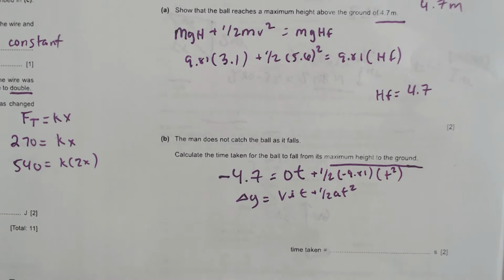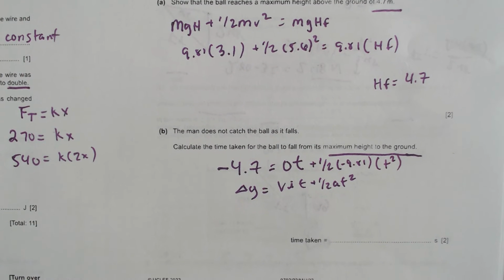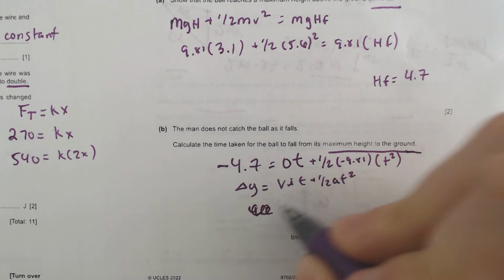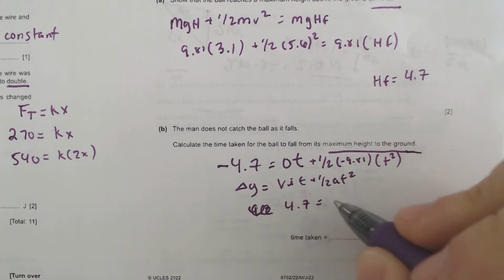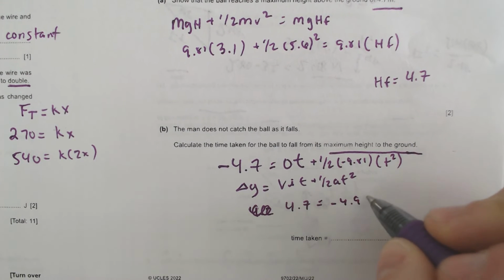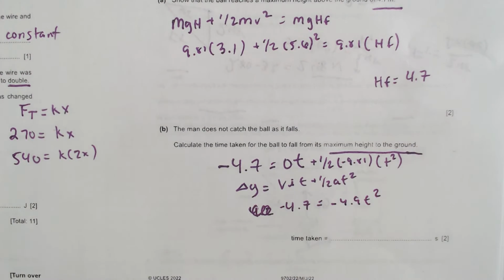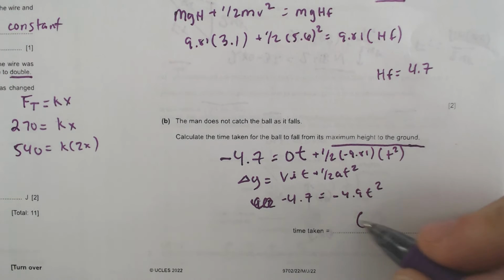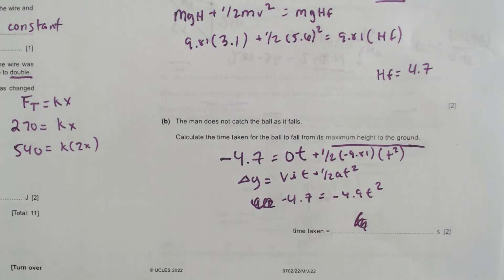If you mix up the negative part, odds are you're going to catch it because you'll be like, I'm square rooting a negative, and that won't work. And then you just solve. We got 4.7, not a 7. 4.7 is equal to negative 4.9 t squared, and it's negative 4.7. You divide, you square root, and you get a time. You don't need to write time. You get a time of 0.98 seconds.